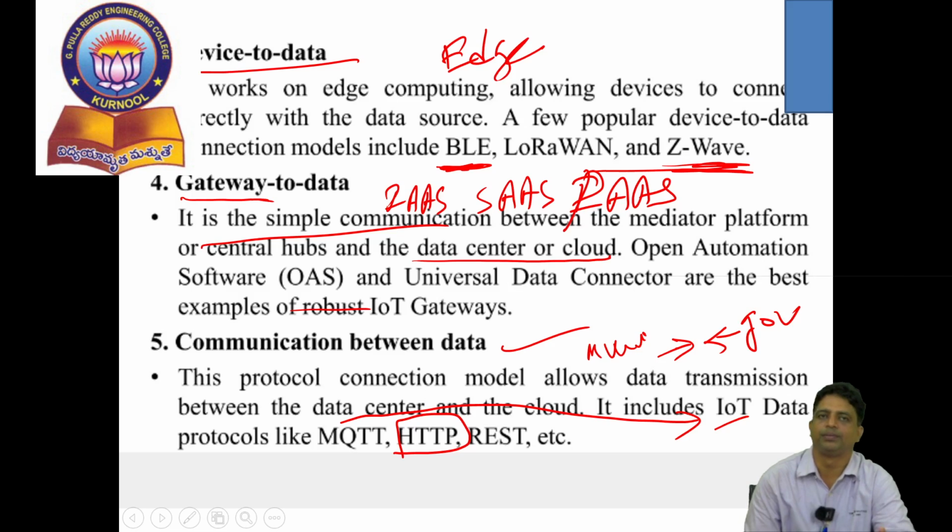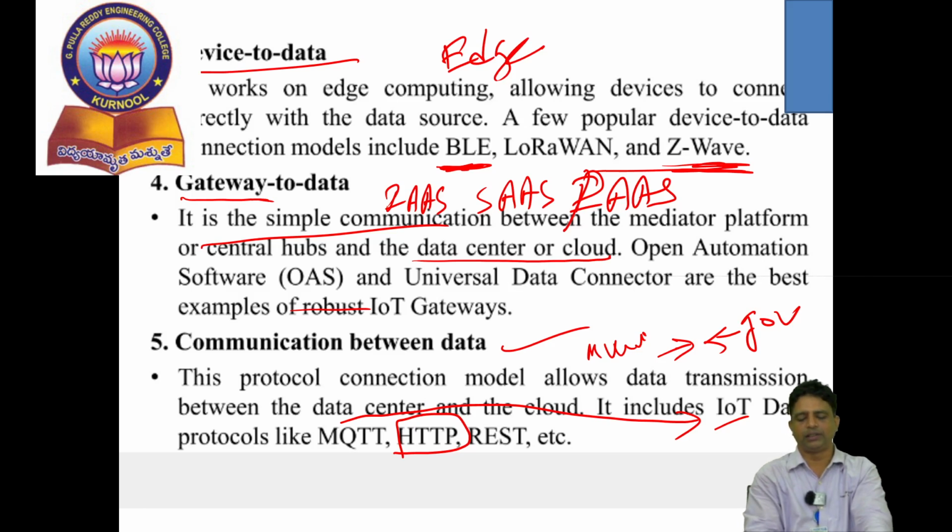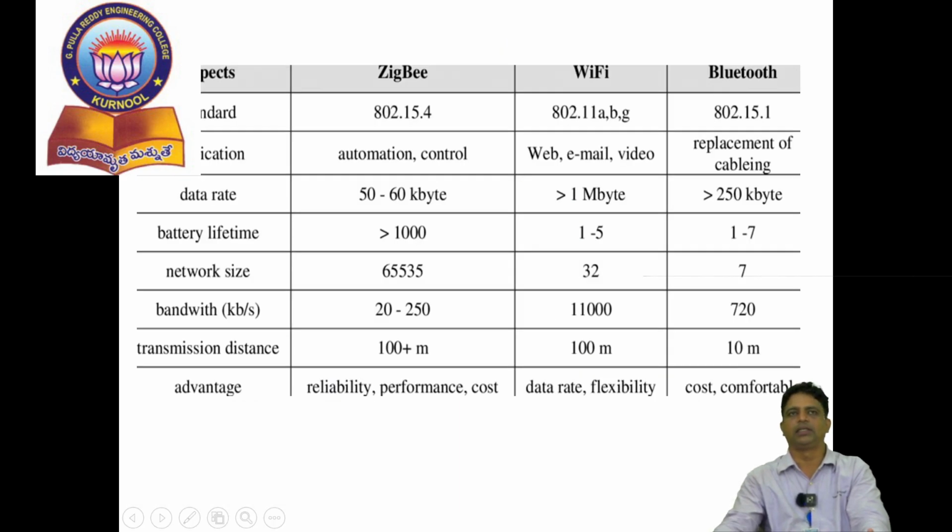A very rough example is like a radio, where information is released in the form of publishing, and the subscriber can find it anytime and read the information. This is called the publish-subscribe model, and we have other protocols that mention this communication model between gateway to data and between data center to data center.